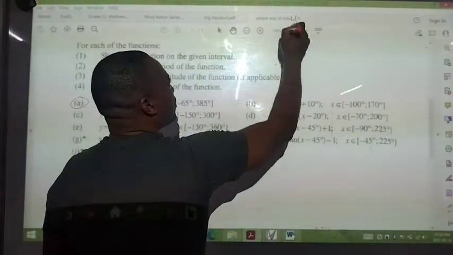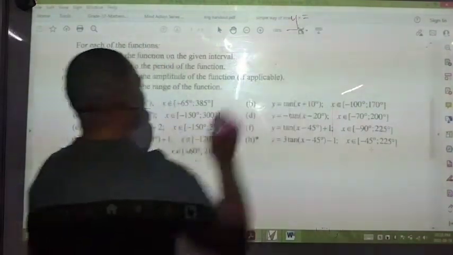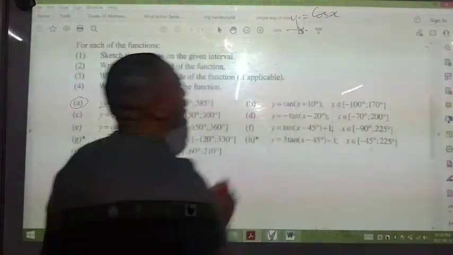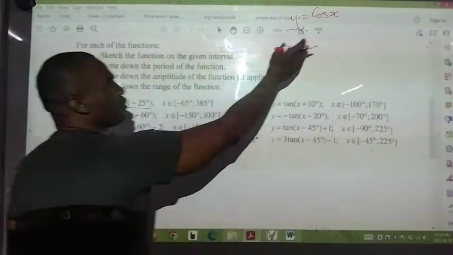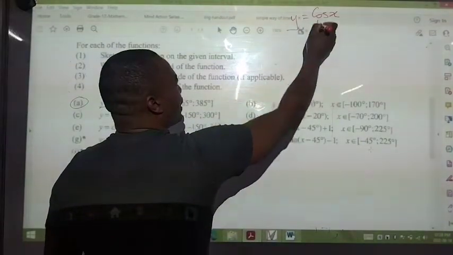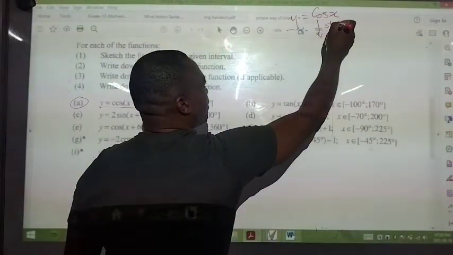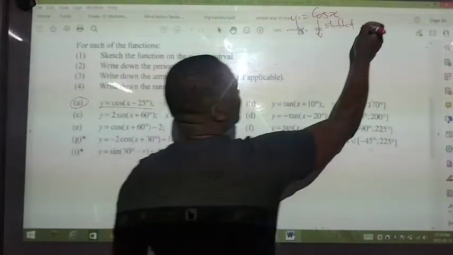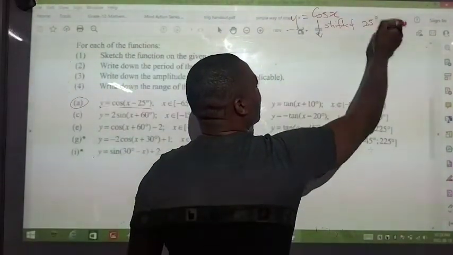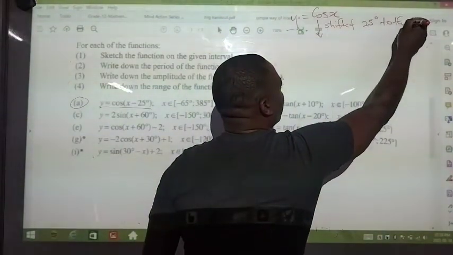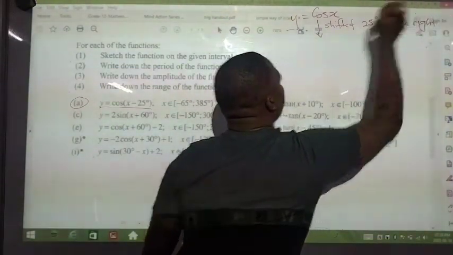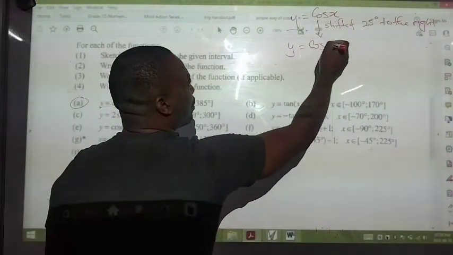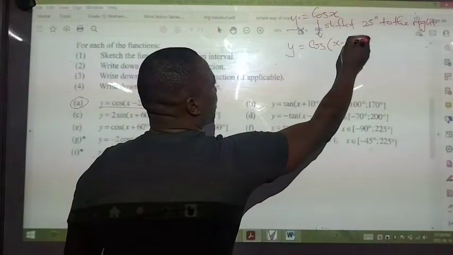We are saying we have the graph y is equal to cos x. And this graph has been shifted 25 degrees to the right to form the graph y is equal to cos x minus 25 degrees.